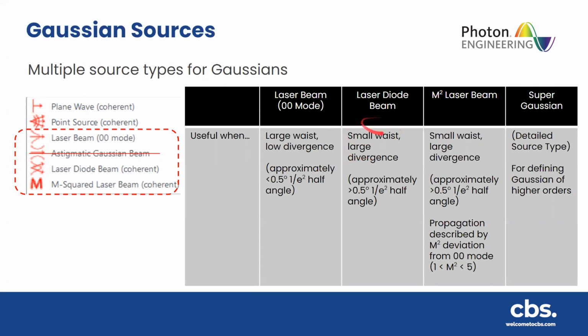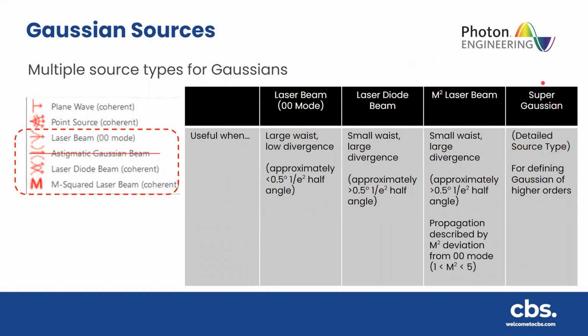It's more suitable for smaller waists, large divergence. And the M² laser beam is exactly the same, but has the M² factor for the additional divergence beyond a typical divergence of a Gaussian beam. So it's a good way to choose which source to use: consider these effects.